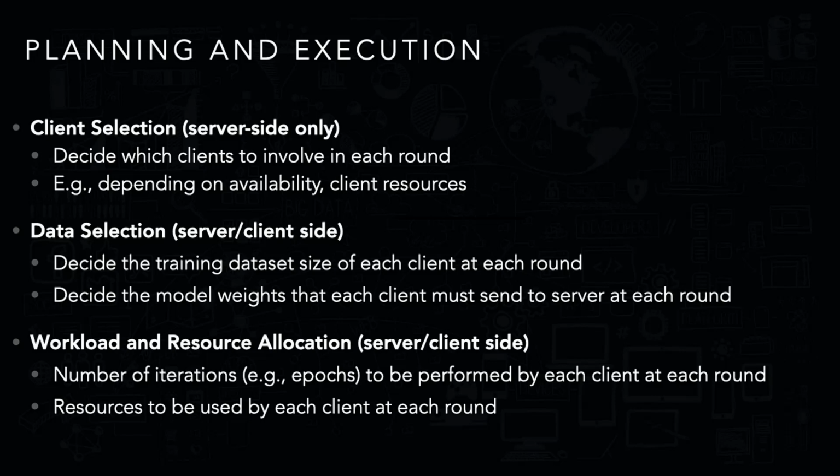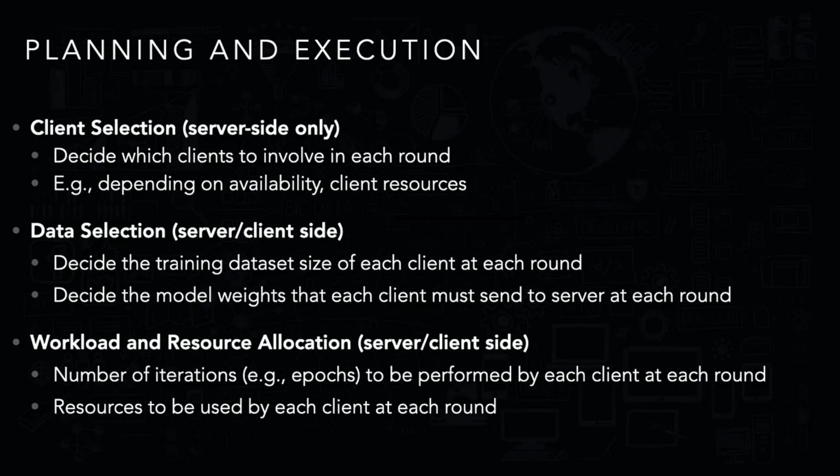So first of all, at each round, the server should decide which clients to involve in the training. And this could depend on the availability of the device, the client resources, and usually a portion of the available clients is involved in the training at each round. The data selection is also another critical factor, and this could be decided both at the server and the client side.